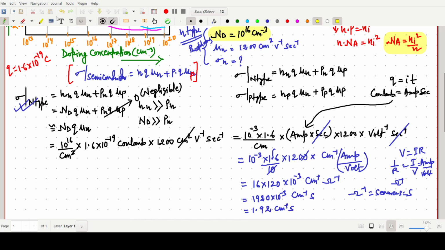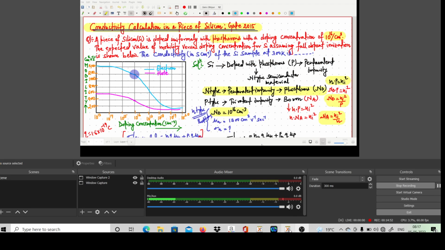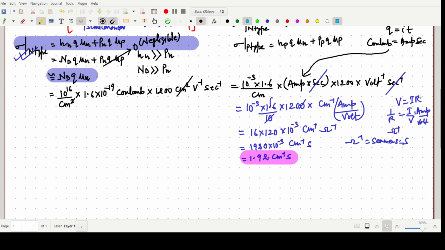So I am highlighting the basics. This is the main formula, and we have to solve it and easily find the answer.